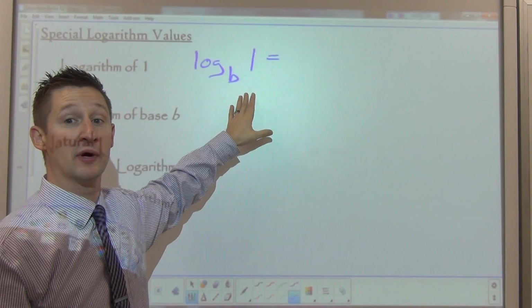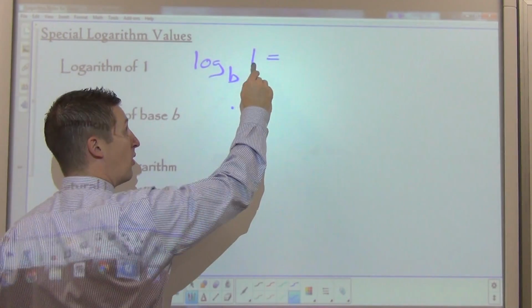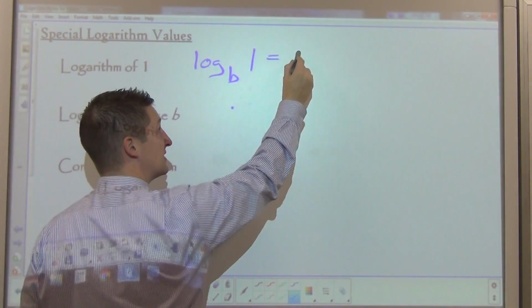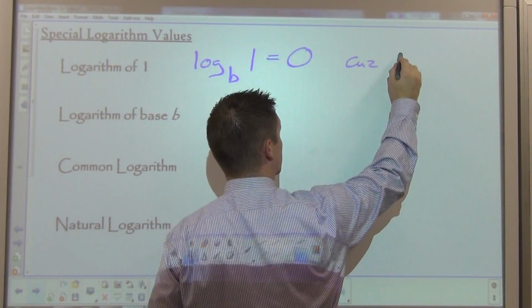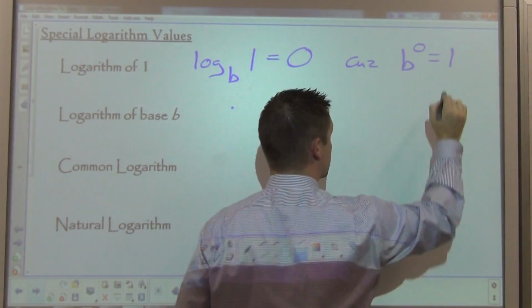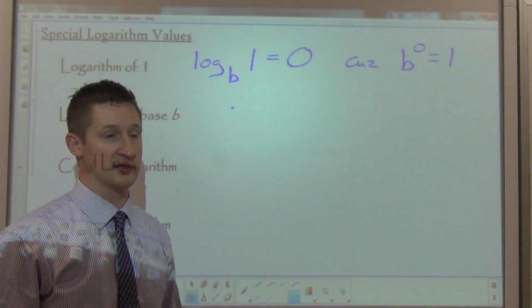Well, any base raised to the 0 power is equal to 1. So the log of 1, no matter what the base is, equals 0. If you want to make a little note why, you could say because b to the 0 power equals 1. Okay? So the log of 1 is always 0, no matter what the base is.